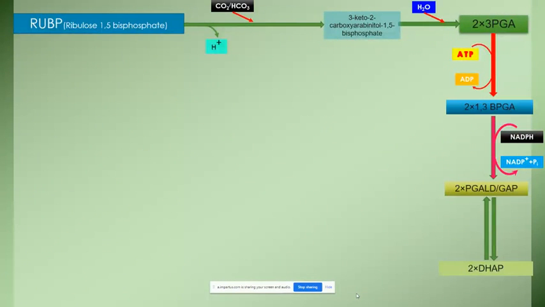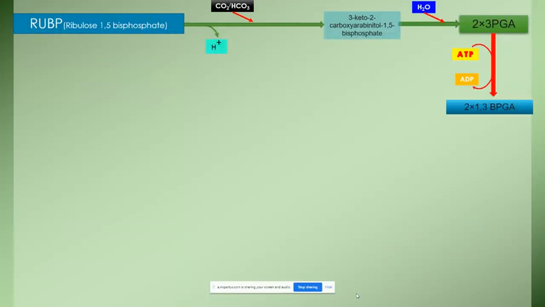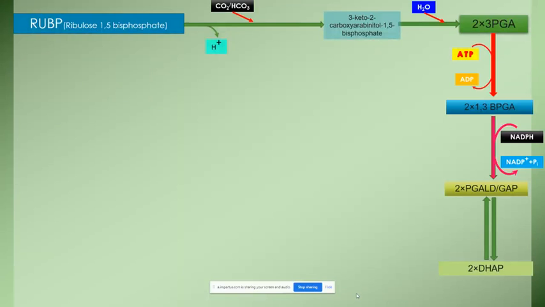You remember this step, okay? First step is Rubisco. Second step is 3-phosphoglyceric acid, then 3-phosphoglyceraldehyde, then DHAP. This way you will find it very easy to remember.